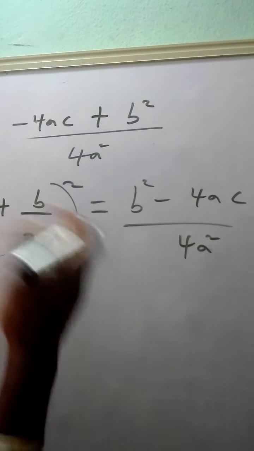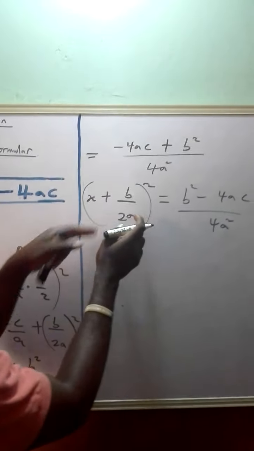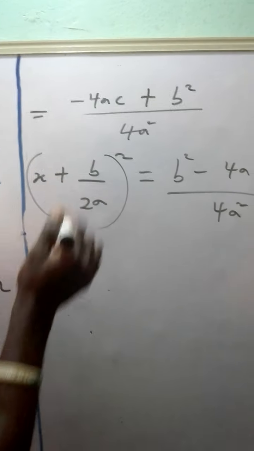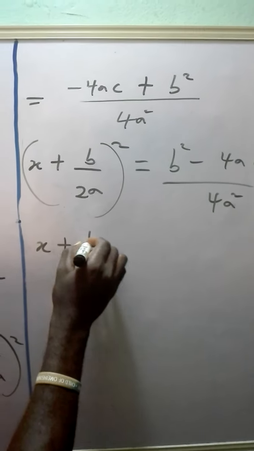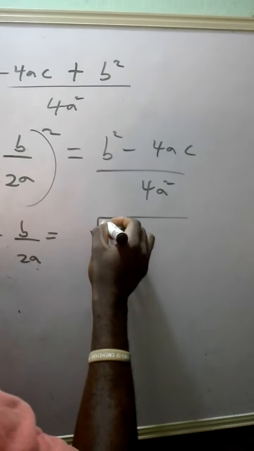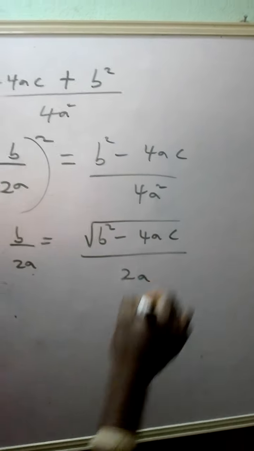So since you have this, you now take the square root of both sides, because you are looking for the unknown x. So you now have x plus b over 2a equals the square root of b squared minus 4ac over 2a.